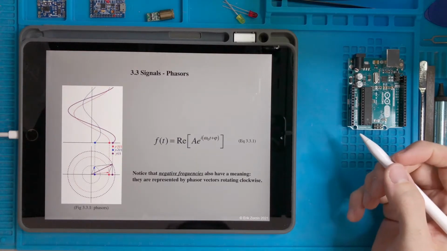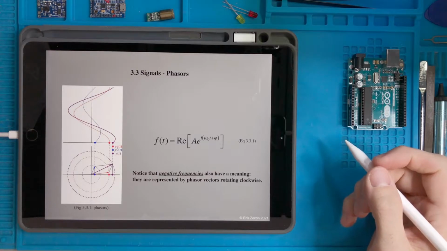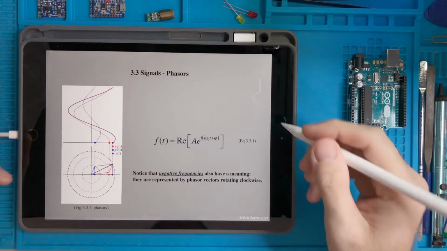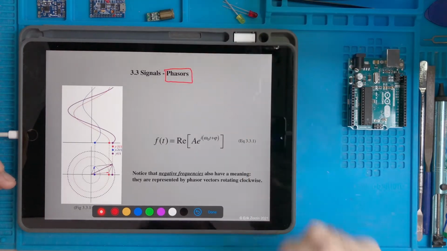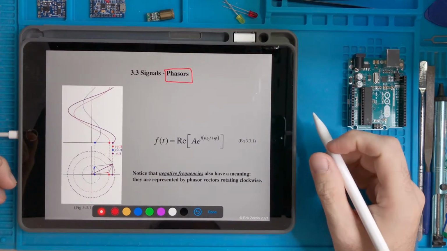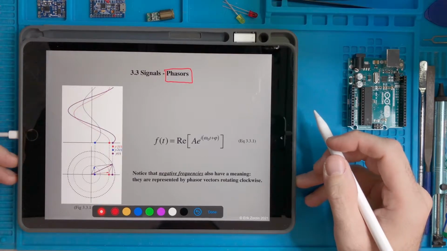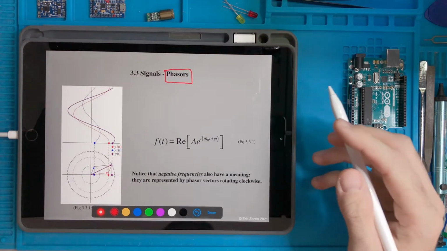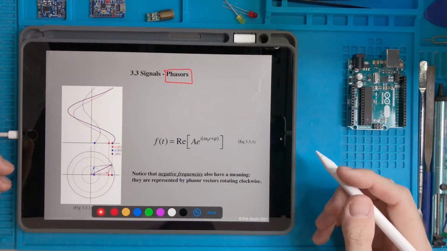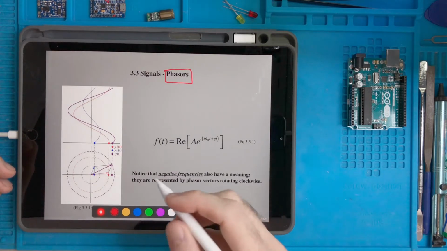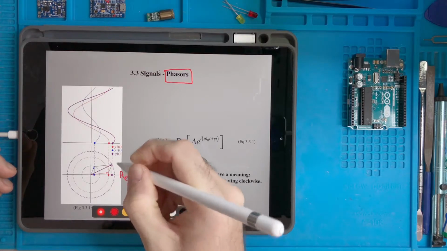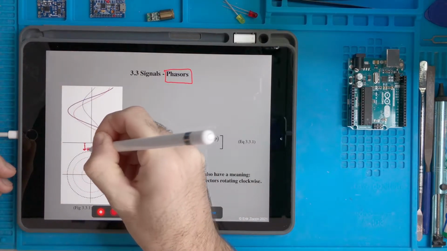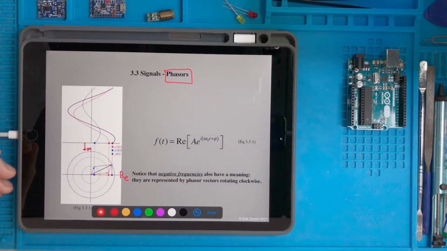So there is another representation of sinusoidal signals, which is what is called in electronics phasors. So it is related to the phase. What is this thing? So we define a real and imaginary plane like this, 2 axes, 2 dimensions.